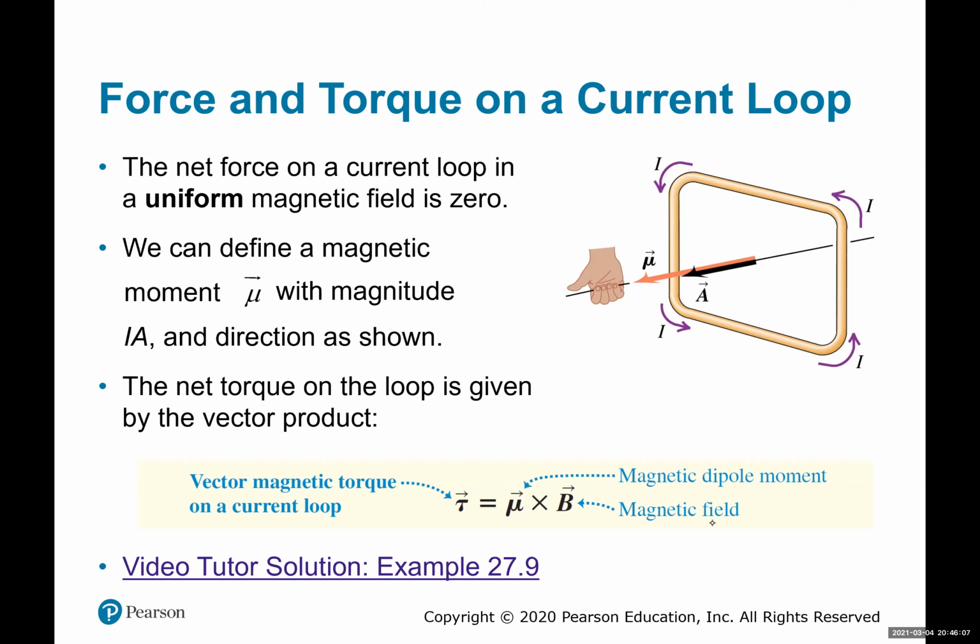If we put this loop in a magnetic field, then we can figure out the torque upon it according to dipole moment cross field, just like we would for an electric dipole in an electric field.